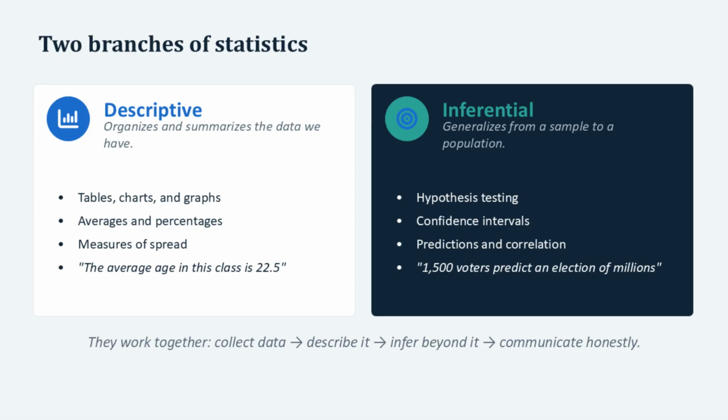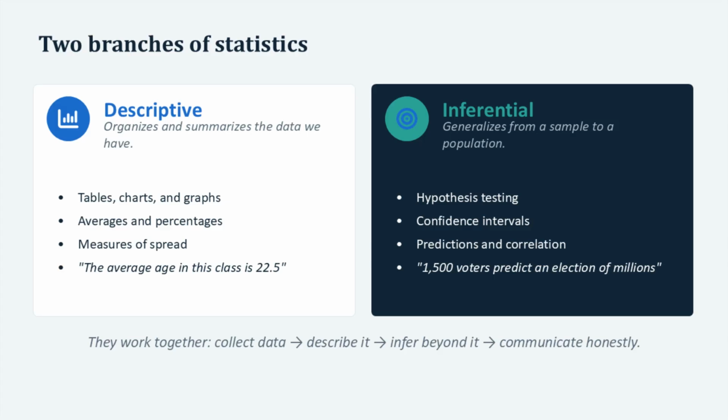And in real research, these 2 branches usually work together. First, you collect the data. Then you use descriptive statistics to summarize what you found. After that, you use inferential statistics to draw a broader conclusion. And then there's one more step that really matters. You communicate your conclusion honestly, including what you know and what you're still uncertain about.